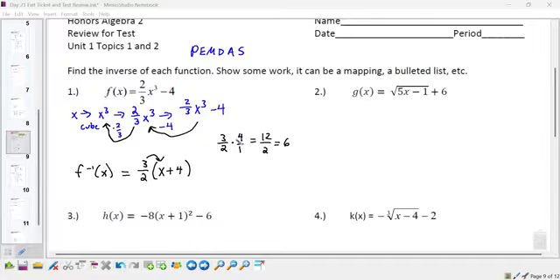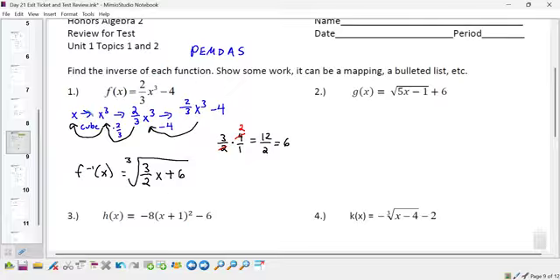Another way to think about it could be to kill the 2's. Make this a 2, and then 3 times 2 is 6. So I'm going to grab my eraser again, and now I'm at 3/2 x plus 6. Okay. Now to undo my last step, I'm going to cube. The opposite of cubing is to take the cube root, and here is my inverse function.